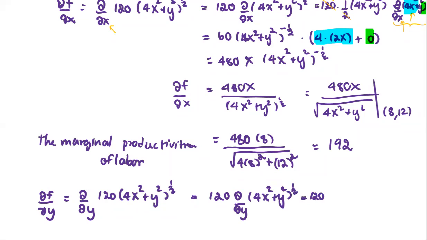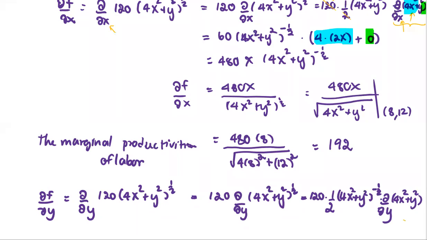And keep going. So 120 times 1/2 times the quantity 4x squared plus y squared to the power negative 1/2. Let me write the power here at a different level so it will not get mixed up with the outside power. And then multiply by the partial derivative with respect to y of the quantity 4x squared plus y squared, which is the inner function.